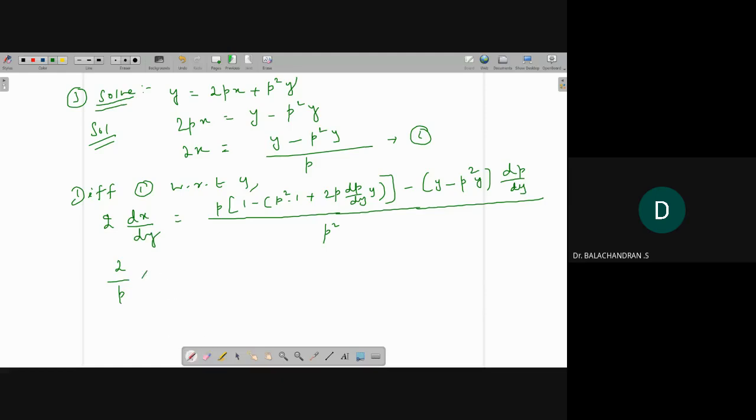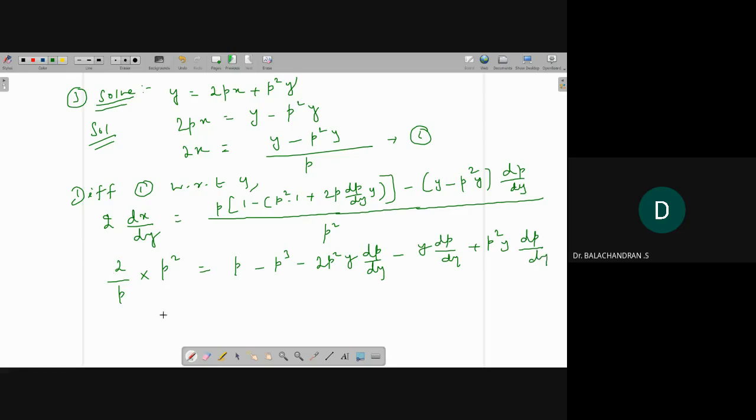So 2p into square equal to p minus p cube, then minus p square y dp by dy minus y into dp by dy plus p square y into dp by dy.